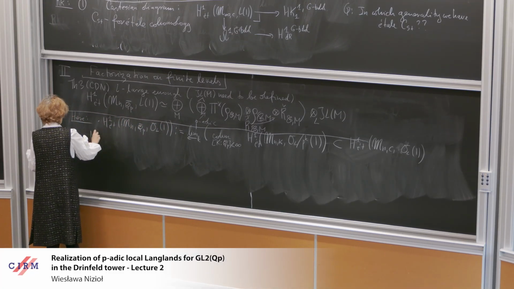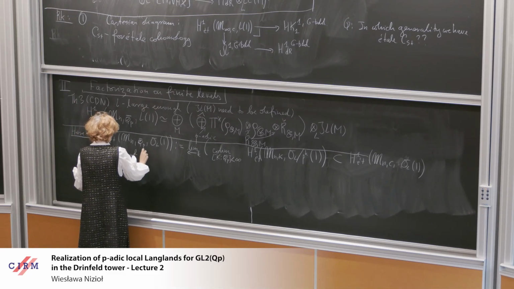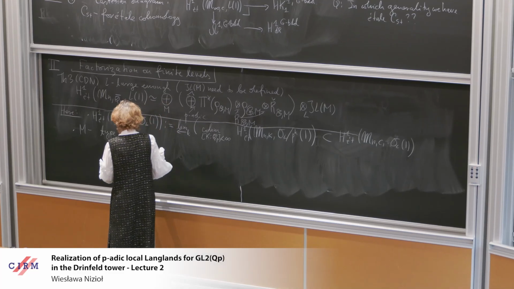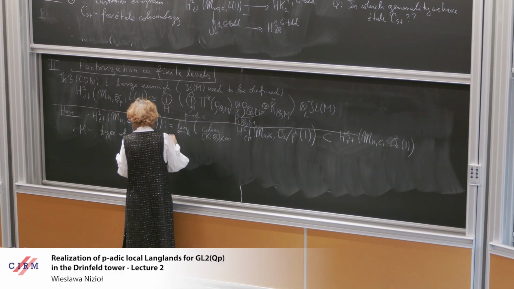Okay. Now M. So first this definition. Now what is M? So this is of type level n. n is fixed now for me. So that means that, okay, what do I mean by this?